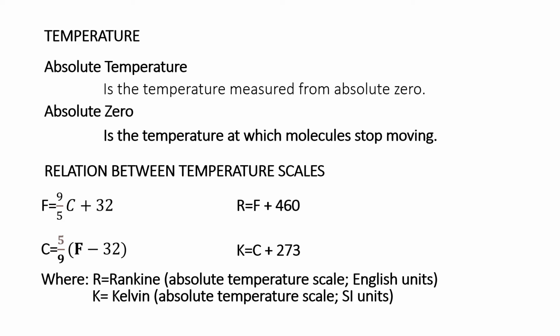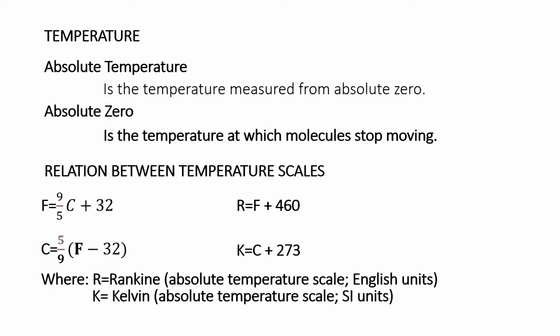Then we have the relation between temperature scales. If your given is degree Celsius and you convert to degree Fahrenheit, the formula is 9/5 times your degree centigrade or Celsius plus 32. From Fahrenheit to degree Celsius, we have 5/9 quantity, open parenthesis, degree Fahrenheit minus 32, close parenthesis.